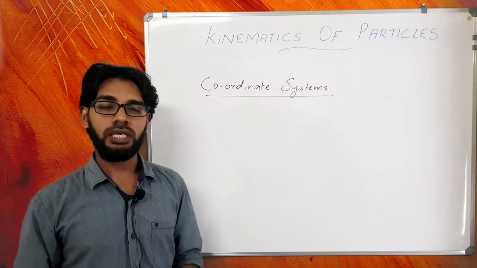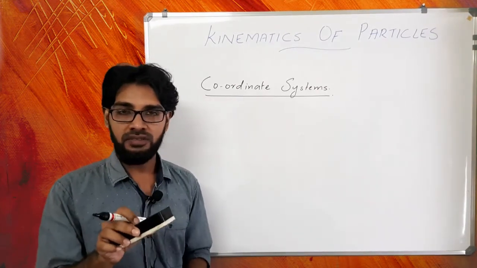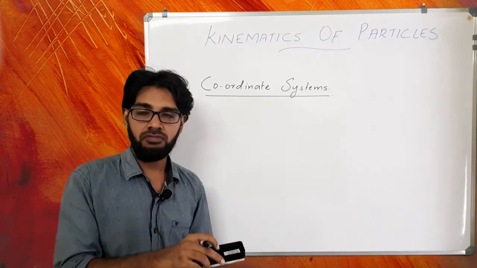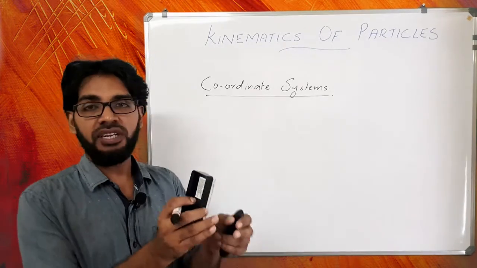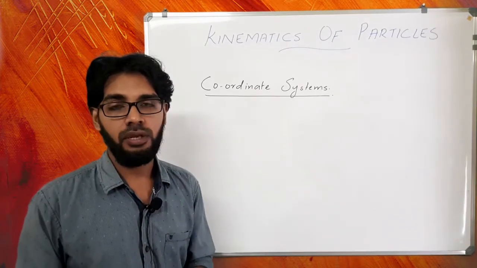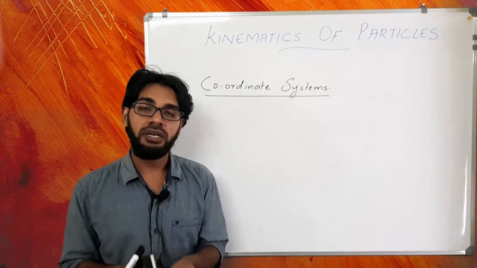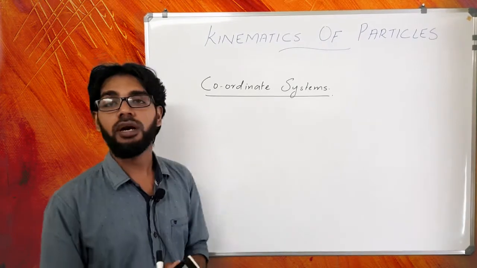Now, in the earlier discussions, we had represented vectors in a graphical format for representing the position, velocity, acceleration, etc. with no reference to a coordinate system. However, in most cases, a specific coordinate system is essential to describe the motion of a particle.